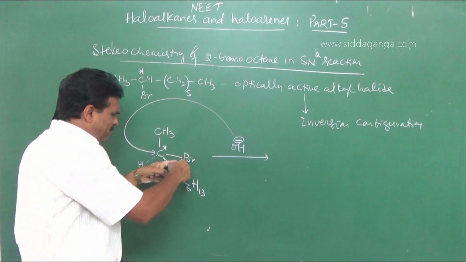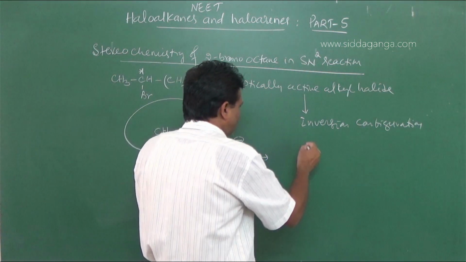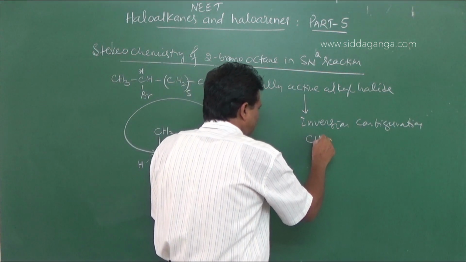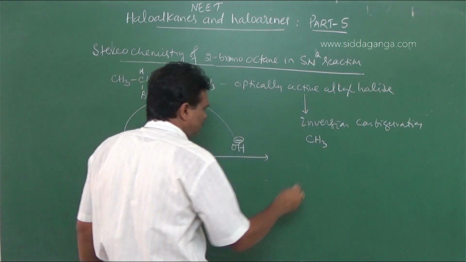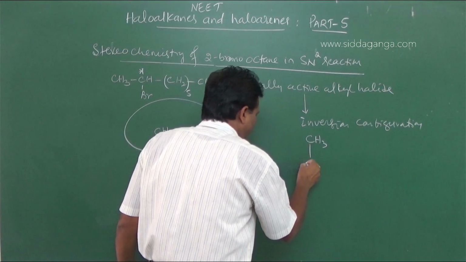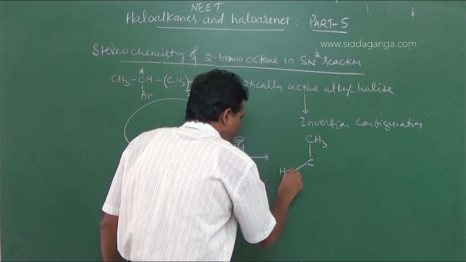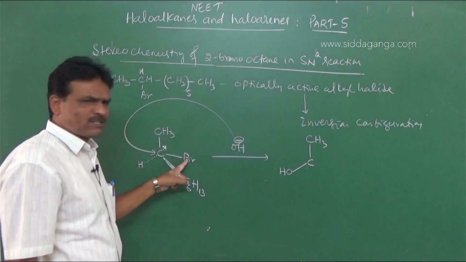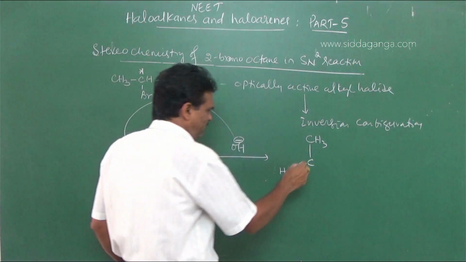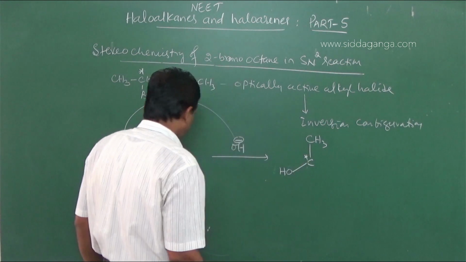So a mirror image compound should be formed. So the mirror image is CH3 bond C. Here not Br, sorry, OH group. Br is replaced by OH. This is the asymmetric carbon atom.